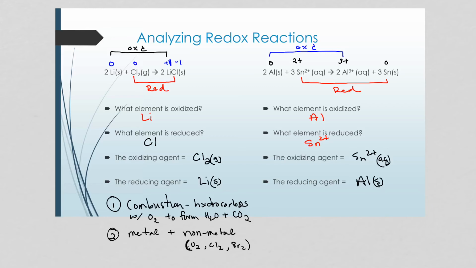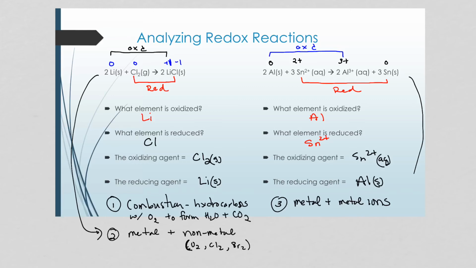So this is an example of that one. And the third basic type that we'll see quite often is the reaction of a metal plus metal ions. And this here is an example of that.